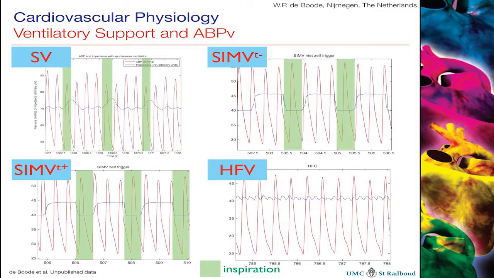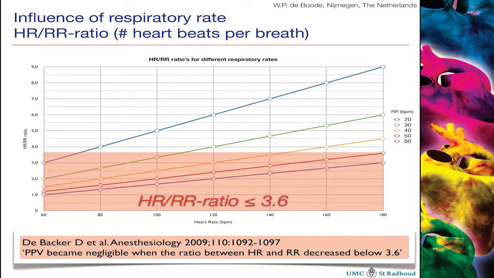We even can see arterial blood pressure variation on high-frequency ventilation. But what we notice is we can't measure it in a way. All the formulas that are used in larger children or in adults, we can't use in newborn infants. Why not?